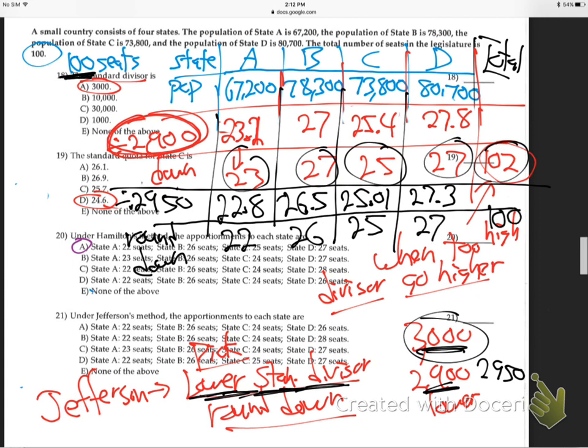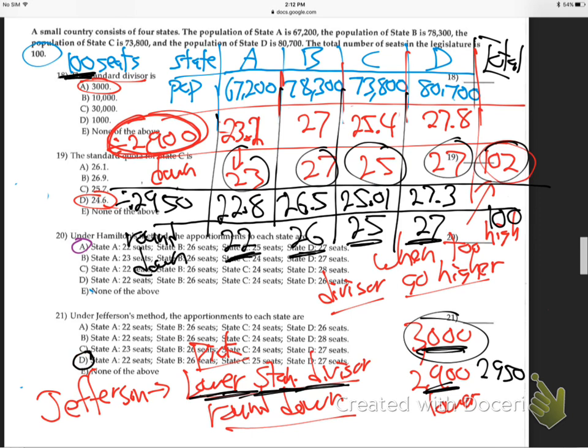Beautiful. That's 100. I lost my 2 exactly. That's 100 seats. That's perfect. That's the answer. That's the apportionment for Jefferson's method. So which answer is it? 22, 26, 25, 27. Looks like it's D. Answer D down there for Jefferson's method.